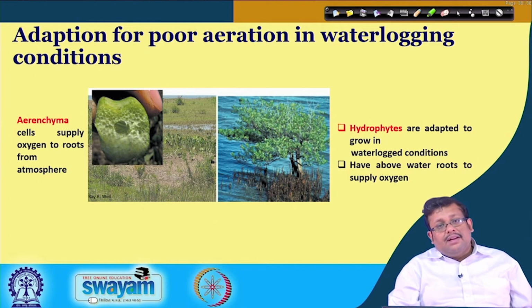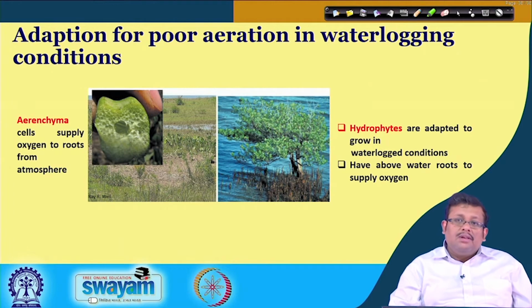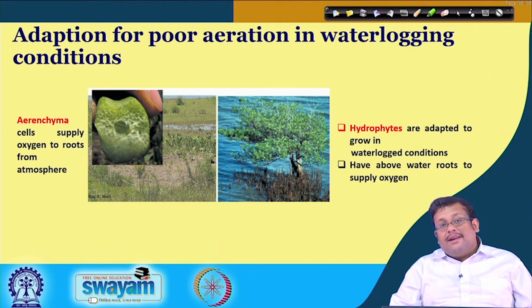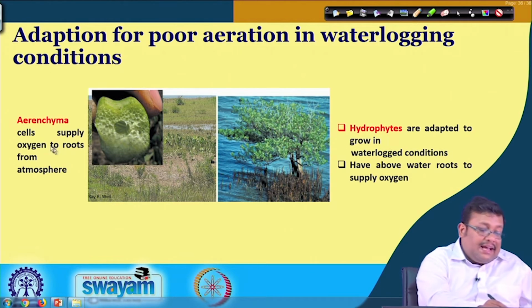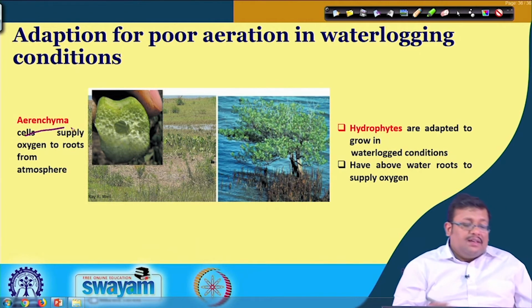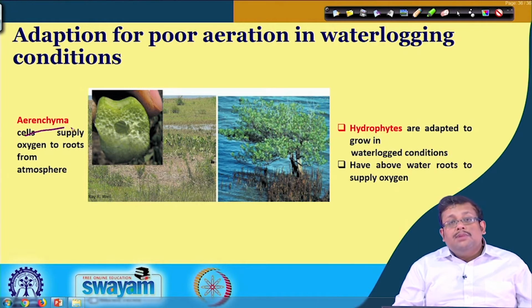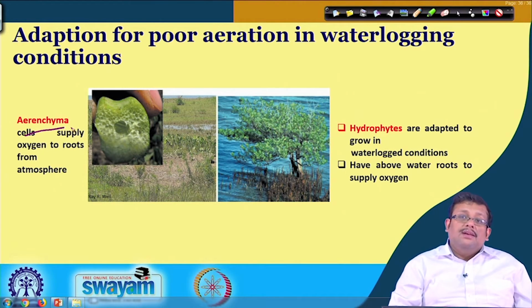When there is flooded water over the soil surface, we call it waterlogging condition, and in this condition some plants, especially mangroves, will grow because they have made their own physiological modifications. One modification is parenchyma, which are cells that supply oxygen to roots from the atmosphere, forming hollow parenchyma structures. Then there are hydrophytes, plants adapted to grow in waterlogged conditions, which have above-water roots to supply their oxygen.